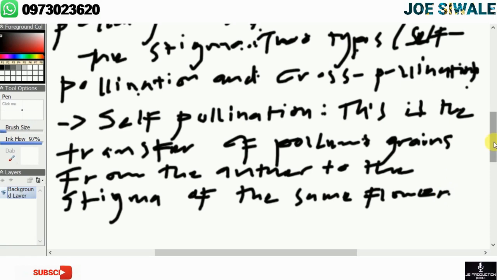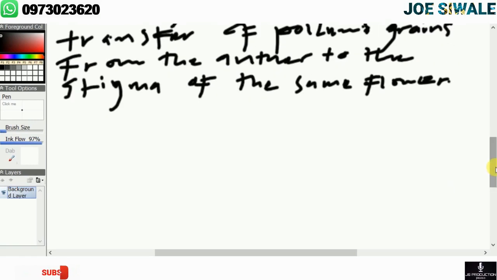Then there are some disadvantages that go with self-pollination. So the first disadvantage is that when self-pollination occurs, sometimes it can produce offsprings that may not grow, or it may produce pollen grains that may not mature.